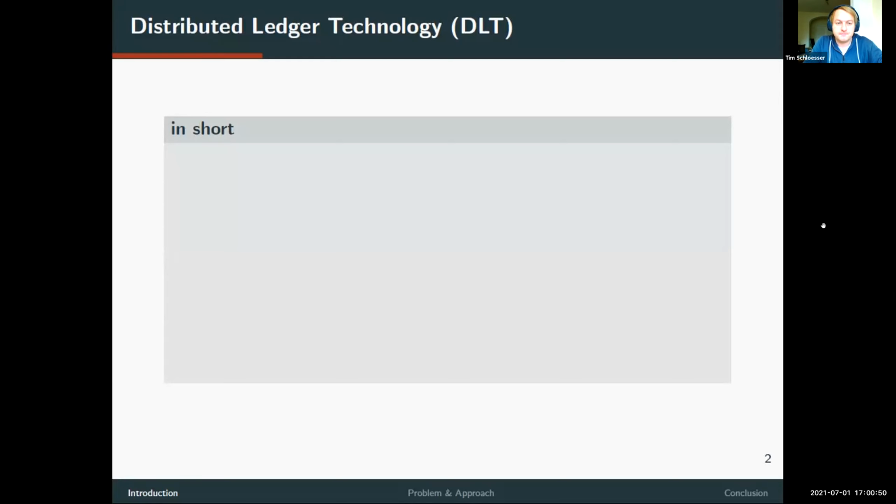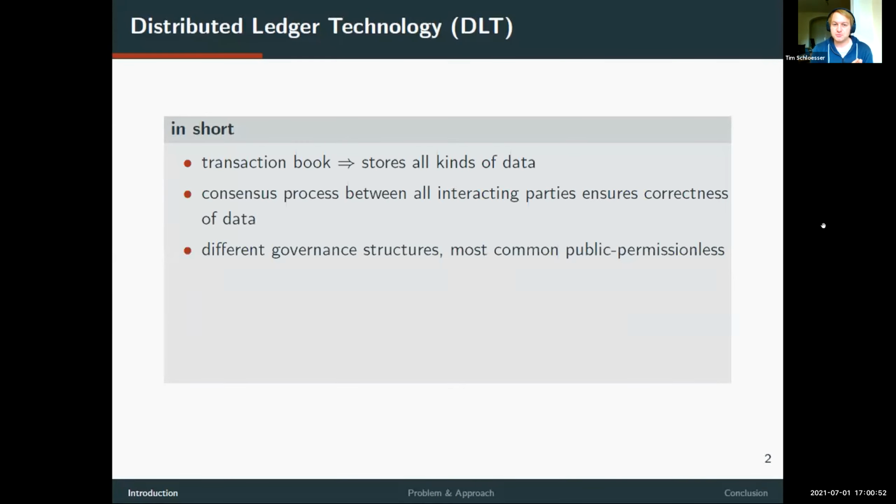In short, it's a transaction book, a ledger which can store all kinds of data. And that transaction book is shared across different parties who contribute to the network, which ensures through a consensus process that the data is correct.